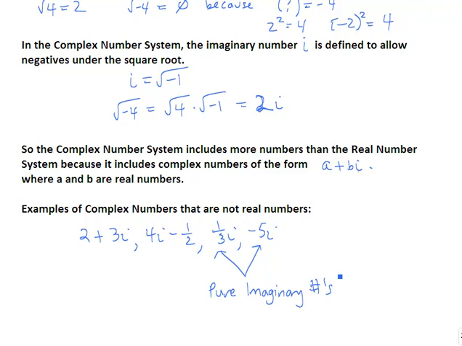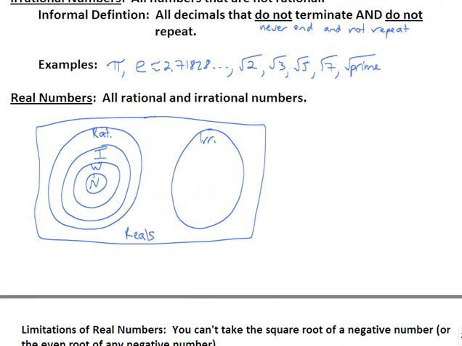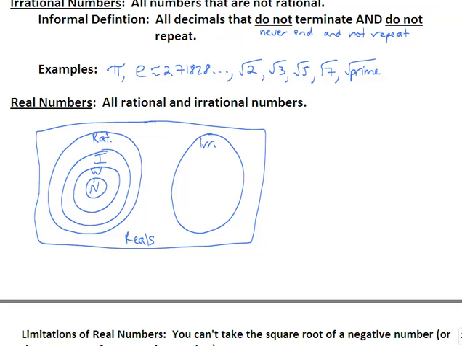So if we go back to our Venn diagram from above, let's add in these complex numbers. The complex numbers are going to be all the reals, and in addition, these new numbers of the form a + bi, where b doesn't equal 0, so there has to be an i term in there.